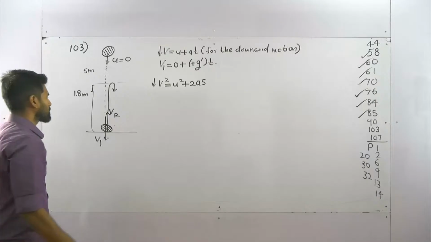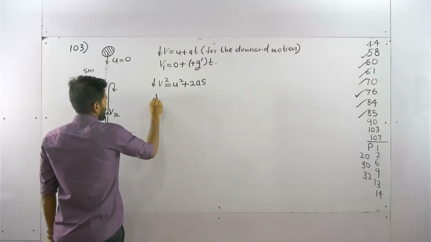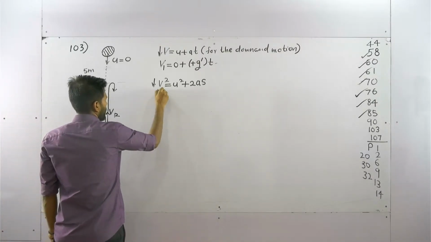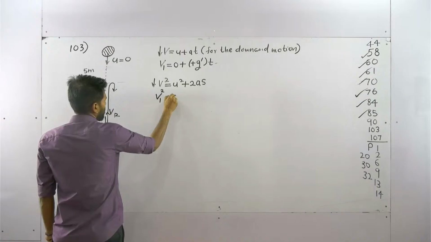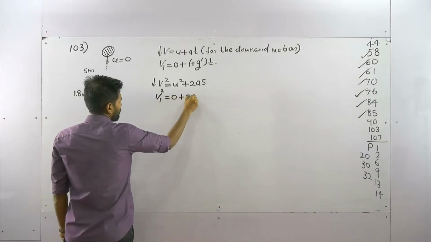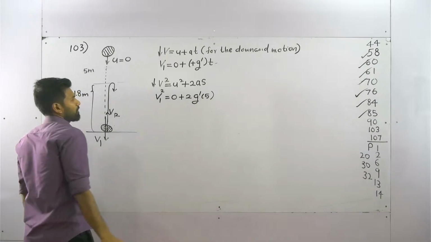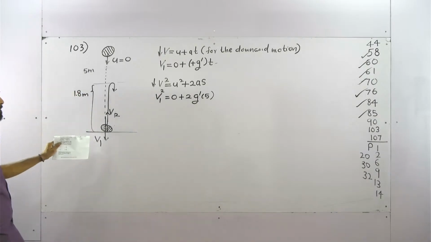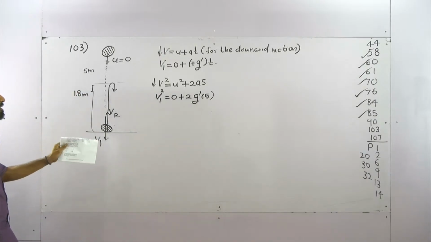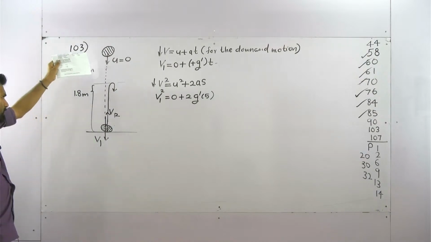The final velocity when it hits the ground is v1. v1 square is equal to initial velocity 0, u square, plus 2as: 2, acceleration of gravity is unknown g dash, displacement 5.